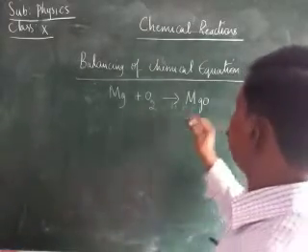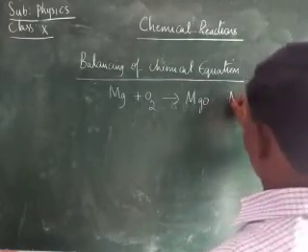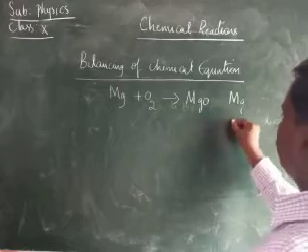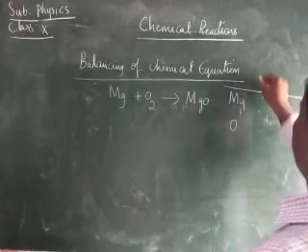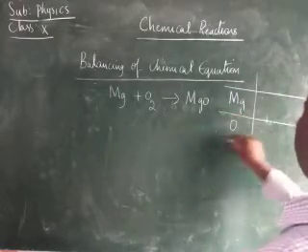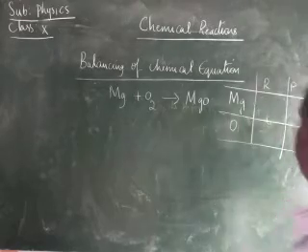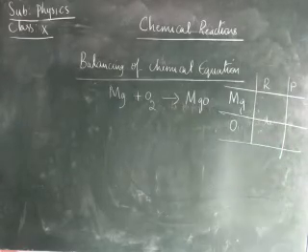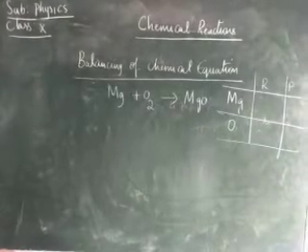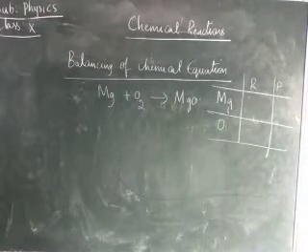What are the atoms present here? Magnesium atoms and oxygen atoms are there. This is the reactant side, and this is the product side. One is reactants, one is products.